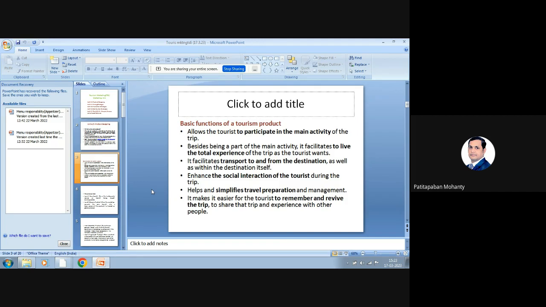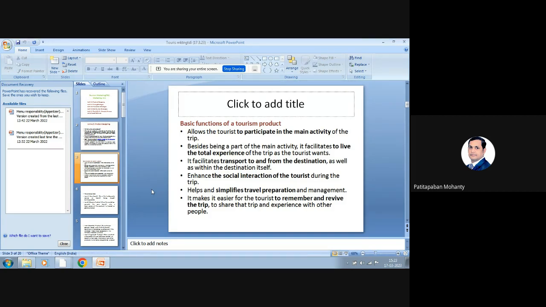Then the second one is, besides being a part of the main activity, it facilitates a total experience, as I have told you. So the product should always give an experience. If the product is not exuding an experience, that product is not lively. This product is actually dead.